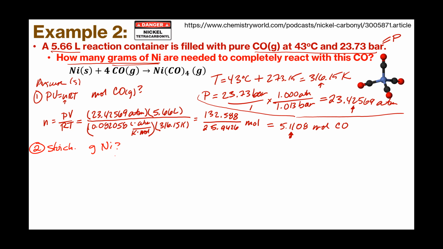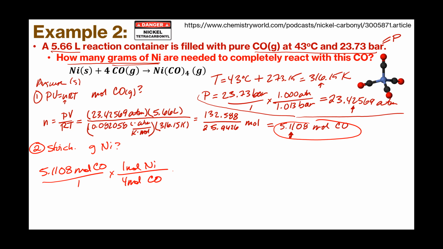When we do PV equals nRT first, our start is the moles of gas that we just figured out. So here it's going to be 5.1108 moles of CO, units and a formula for us. We're going to take that, use our equation that says 4 moles of CO will need 1 mole of nickel. Then we'll grab a periodic table and look up the molar mass.